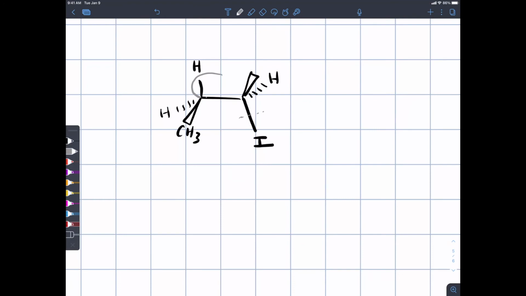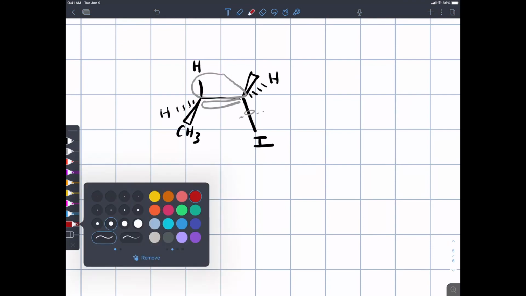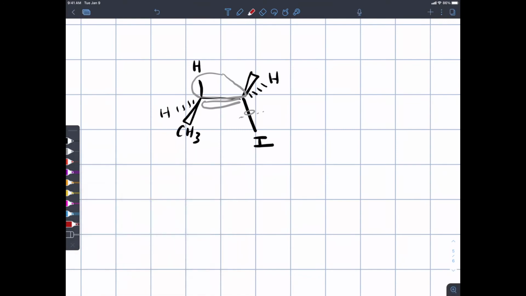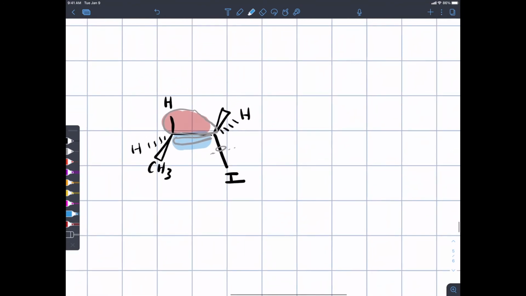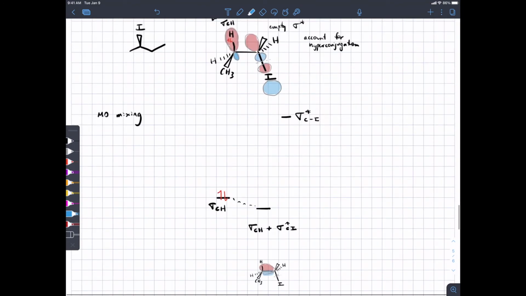The electron density in the carbon-hydrogen bond would be spread out a little bit onto the neighboring carbon, which would actually tell you that there's maybe a little bit of semi-pi bond character there. It's not a full-on pi bond, but it's like the electrons are leaning a little bit. They've spread out just a little bit.